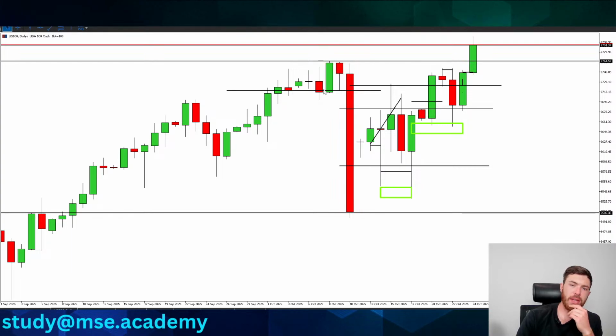In terms of this setup here, now that we've broken above previous market structure, for me personally, I'm waiting for this level to be retested before I get back in on a trade on the US markets. It does make sense to be long the US markets if there is an opportunity to get in above past resistance.